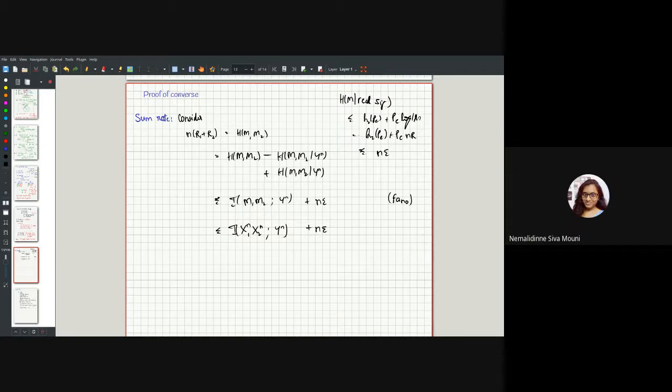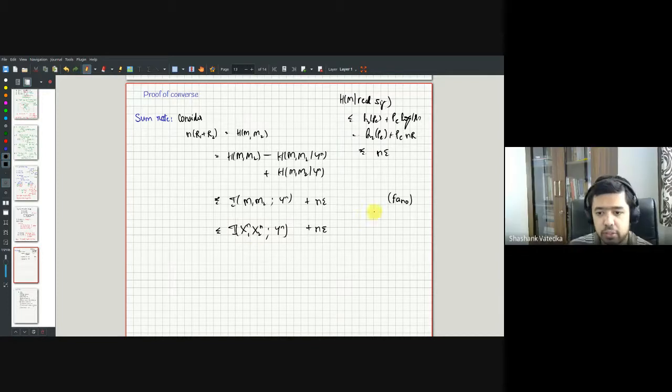Data processing inequality. Yes, very good. So we know that M1, M2, X1, X2, and Yn form a Markov chain, because given X1 and X2, Yn is independent of the messages, and X1 and X2 are basically the encodings of M1 and M2.